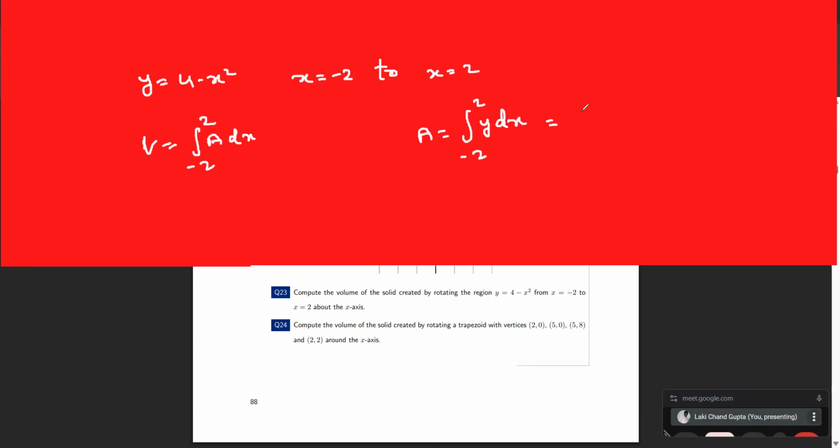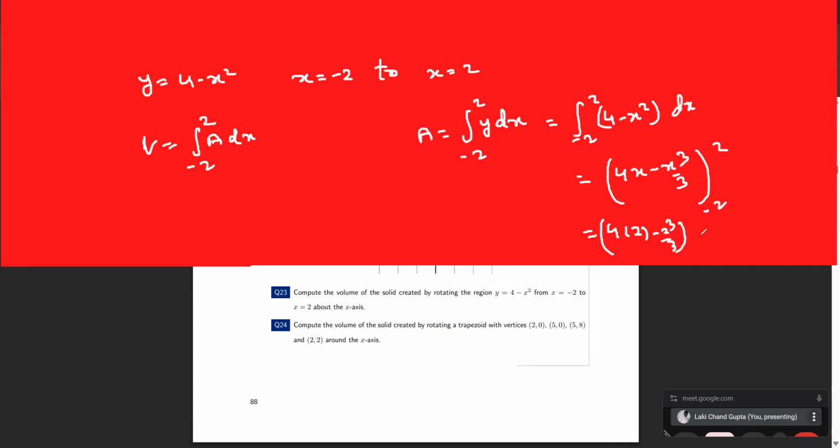And integration of y is what? 4x minus x cubed over 3, right? First we put 2, then put minus 2. 8 minus 8 over 3.